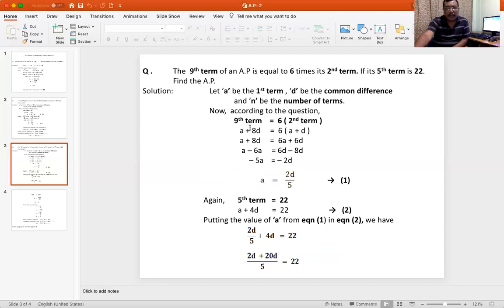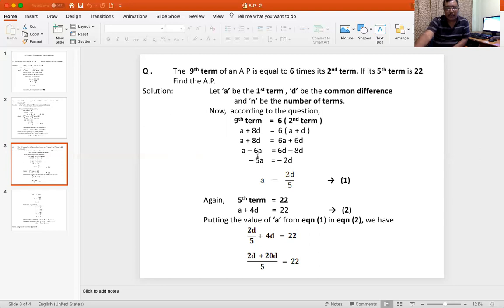Now as we know, the 9th term is A plus 8D. It is equal to 6 into the second term. Now the second term is A plus D. Now next line we have A plus 8D will be equal to, multiplying this inside, 6 into A is 6A plus 6 into D is 6D. Now this 6A, we bring it to the left hand side, we have minus 6A, and the 8D we bring to the right hand side, we have minus 8D.